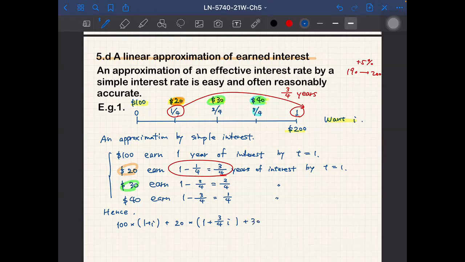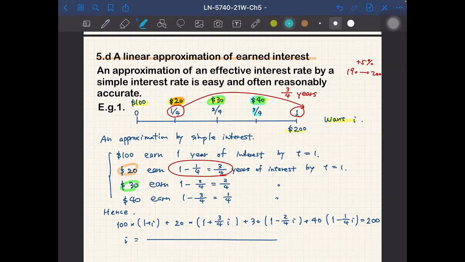The same thing for the $30 and $40: $30 times (1 plus 2/4 I, or 1/2 I), plus the $40 times (1 plus 1/4 I). So this should be equal to 200. If you simplify it, then the coefficient of I is 100, 20 times 3/4, 30 times 1/2, and 40 times 1/4.